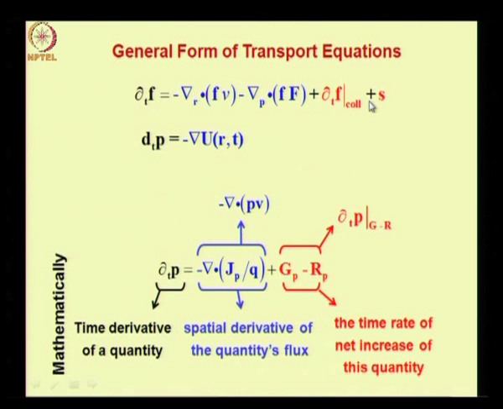Then you have another source term which takes into account the generation recombination that we have discussed. While this is the increase and loss of the distribution function due to momentum, this is the contribution of the electron hole pair generation recombination processes.